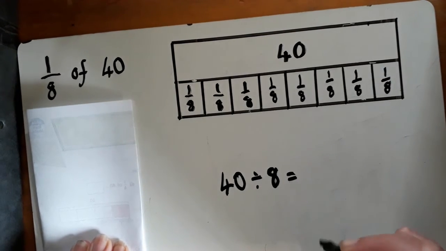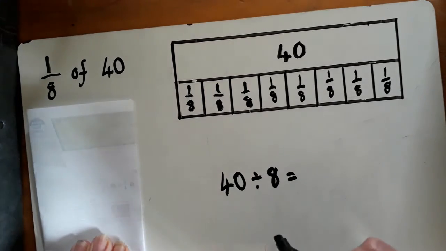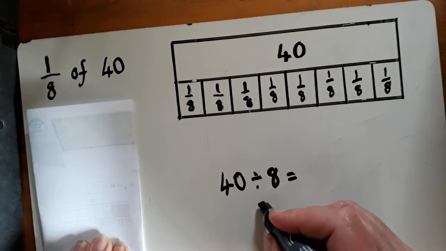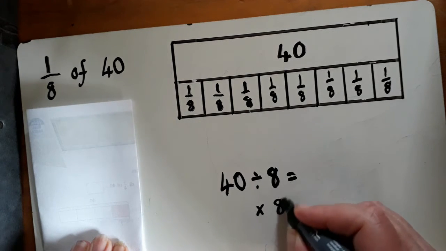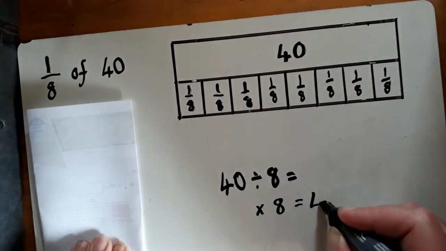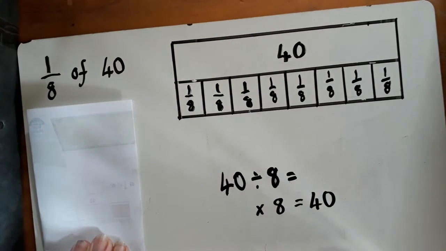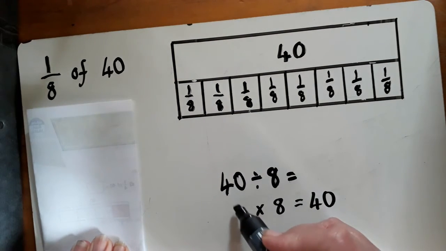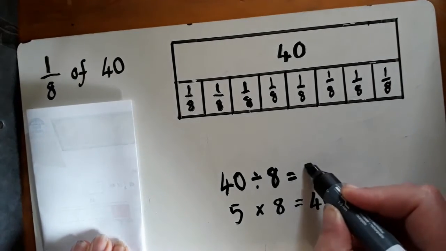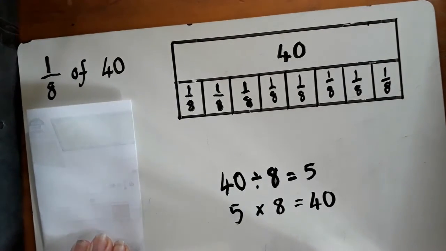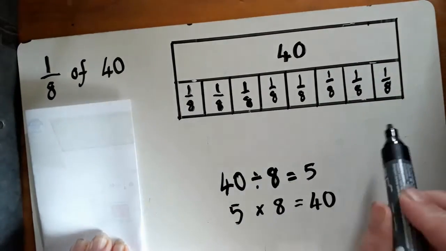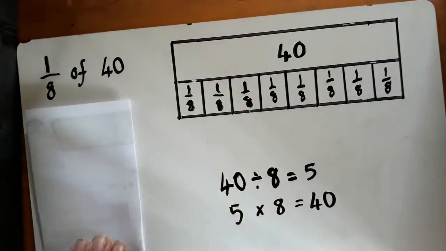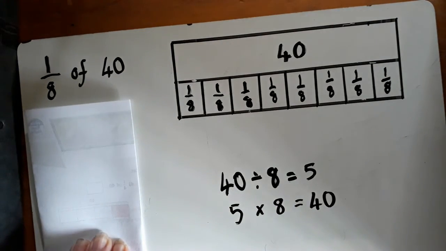If you don't know straight away, think about the inverse: something multiplied by 8 equals 40. 5 times 8 is 40, so 40 divided by 8 is 5. Then we can identify the value of each eighth.